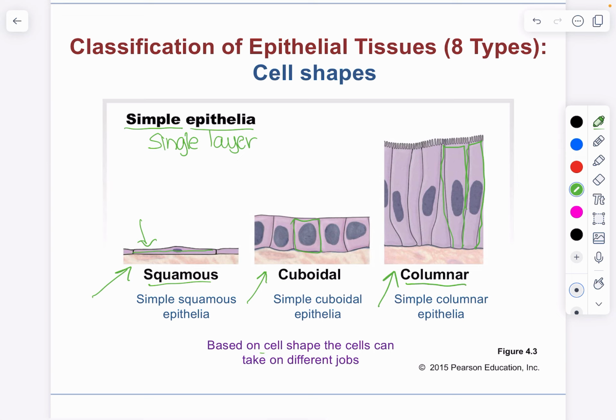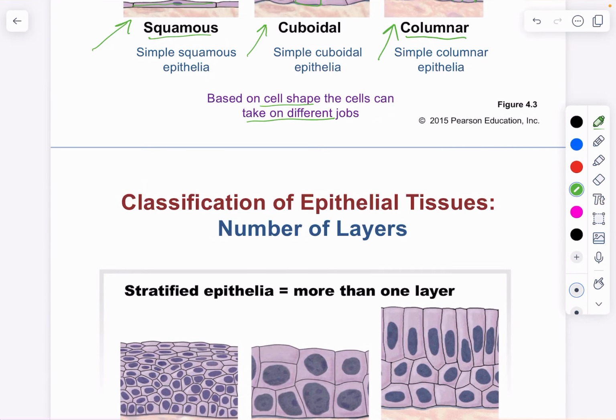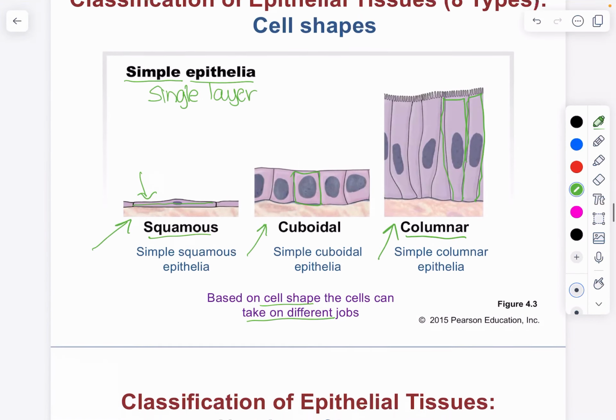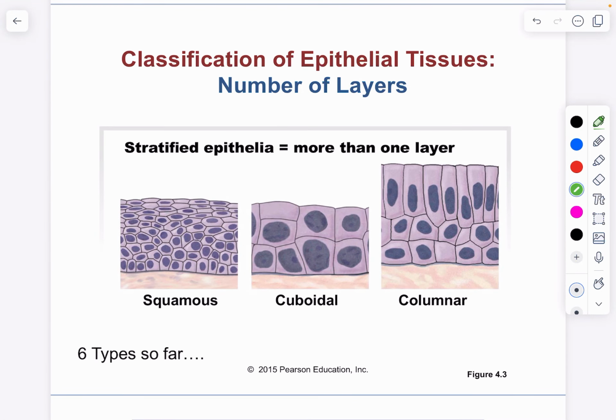So based on the cell shape, the cells can take on different jobs. And we will talk about that, because it's going to be very important to have a specific shape depending on the area that you are in. Now, before we go into the specifics, I want to show you what it looks like when we have more than one layer of epithelial cells.